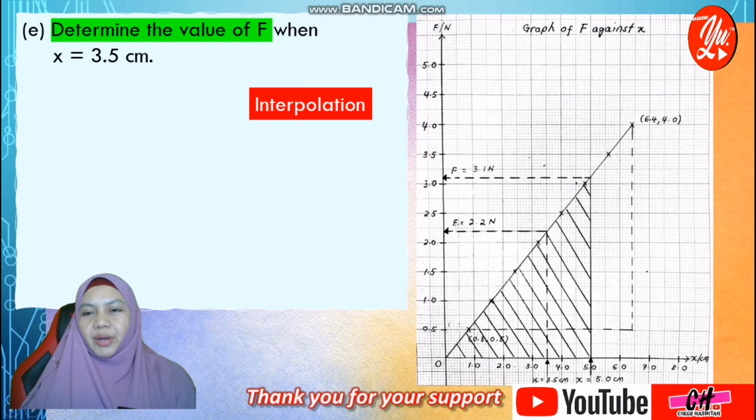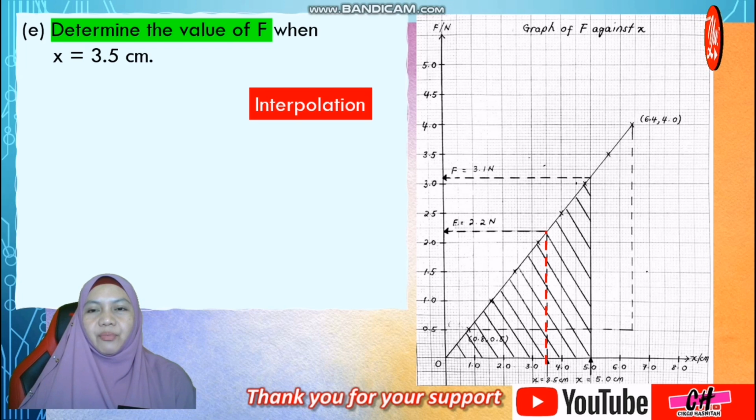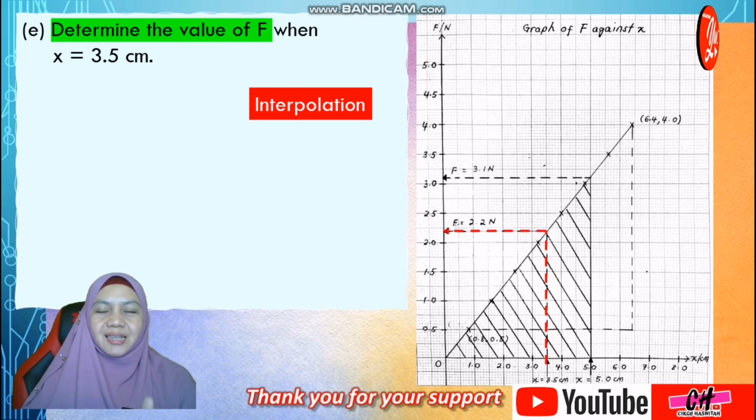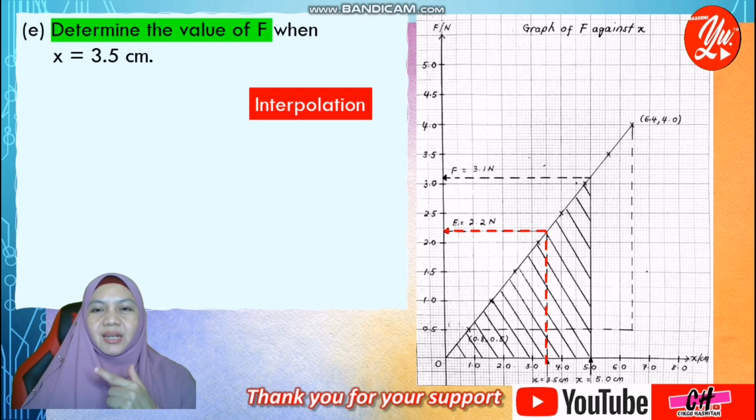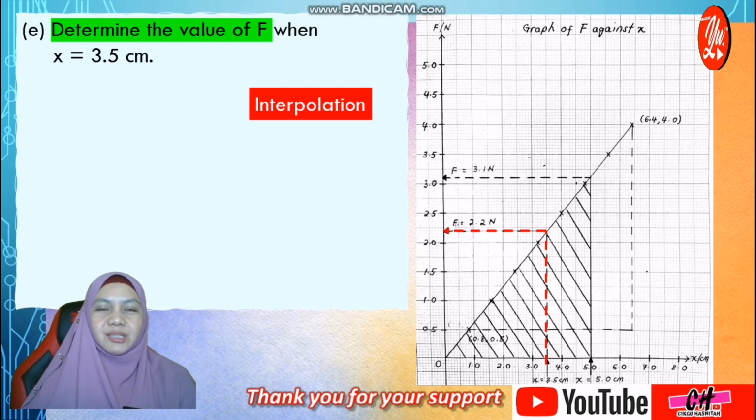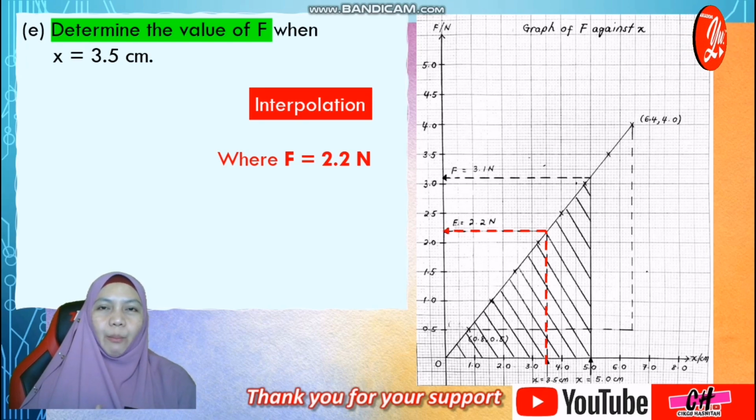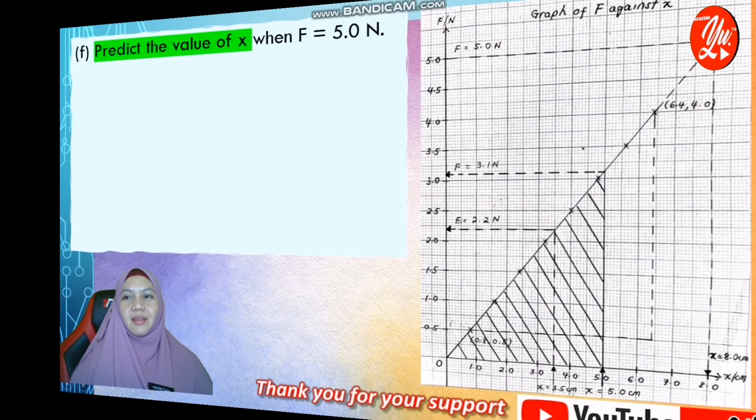We draw a straight line from that point up to the graph line, and from there we draw a horizontal line to the y-axis. And you can see F is 2.2 Newton. So when x is 3.5 centimeter, the force applied is 2.2 Newton.